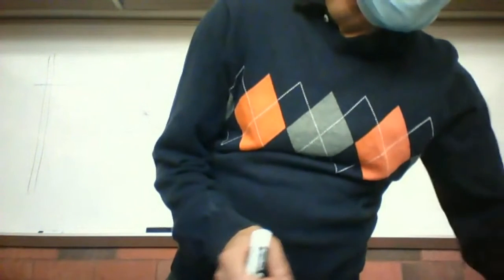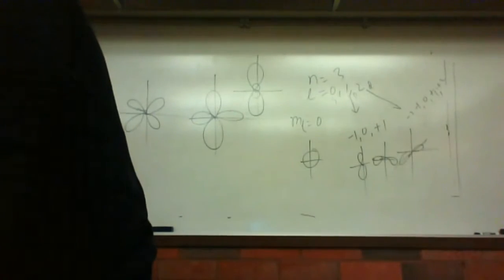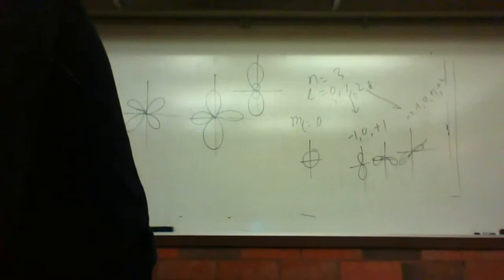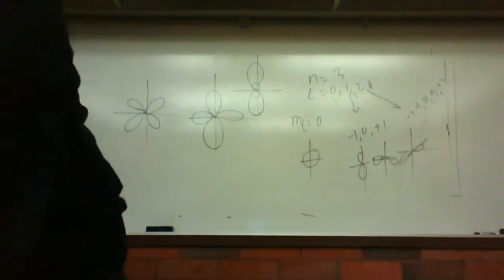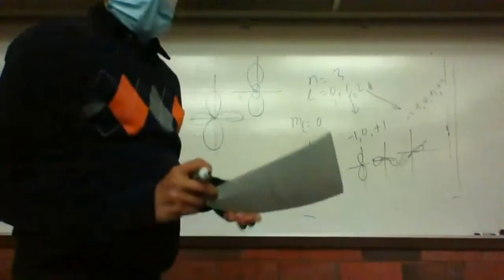So we are done with slide number 10. Slides number 11 and 12 say the same thing I talked about now, so you can read them yourself. Now let's do some problems in slide number 13.